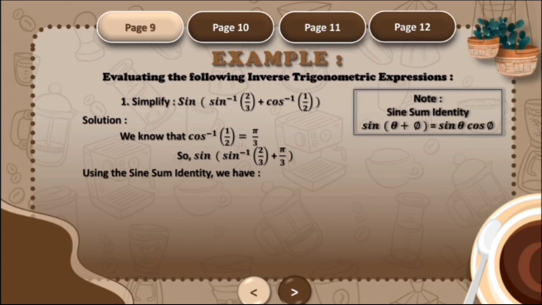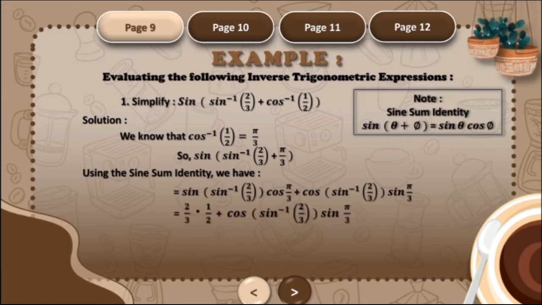After deriving it, let us now solve the equation: sine times the quantity of sine inverse of 2 over 3 and cosine pi over 3 plus cosine times the quantity of sine inverse of 2 over 3 and sine pi over 3. Copy first 2 over 3, then find the value of cosine pi over 3. Cosine pi over 3 is 1 over 2.